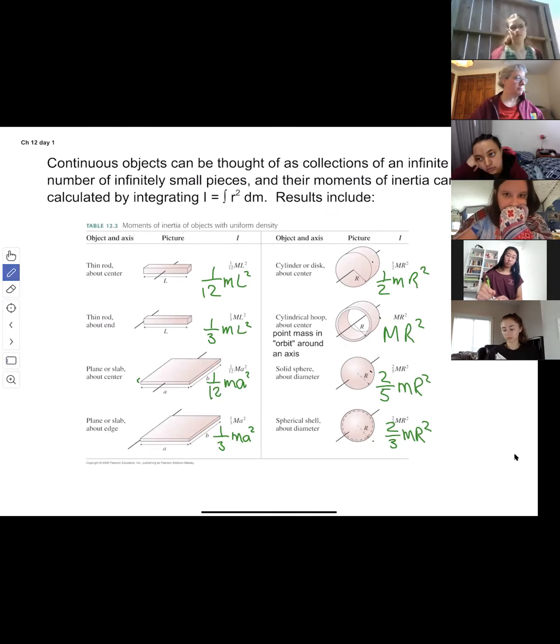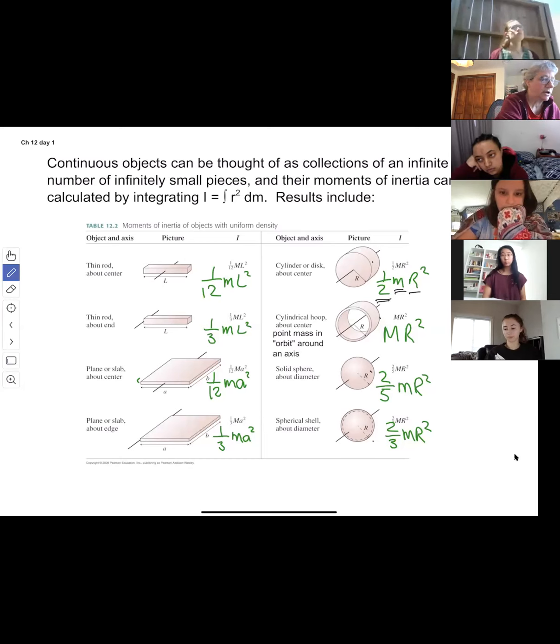So this table from your book, table 12.2, is actually really handy because it contains the results of somebody else doing an integral for you. Whenever you have a disk, it's in this handy form where it's a fraction times the total mass times the biggest distance from the axis that's possible.